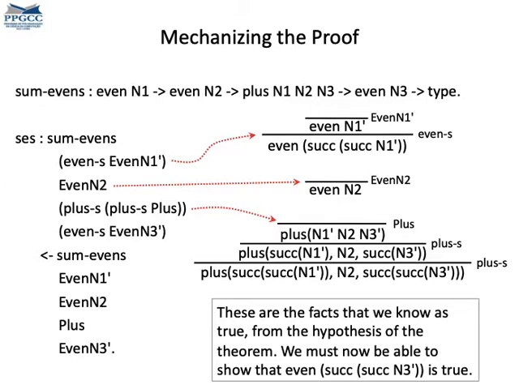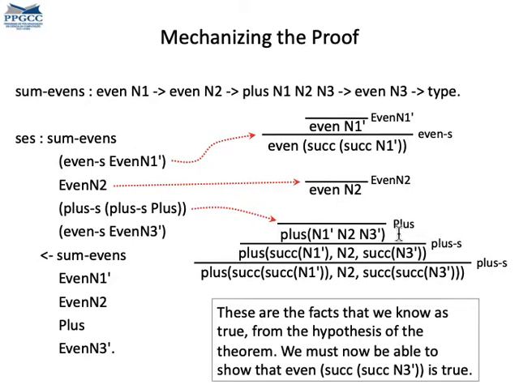For instance, the first fact consists of two rules, even s and some premise of even s, right here, which I've called even any1 prime. The third fact is a derivation with three inference rules, here. And here are the names of those rules. The two first rules are plus s and plus s.